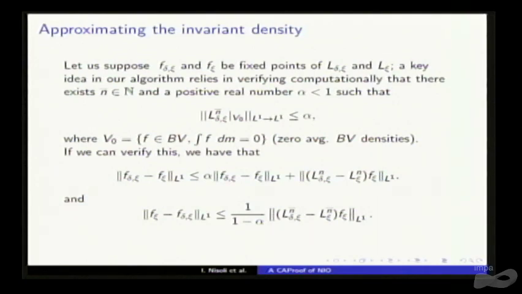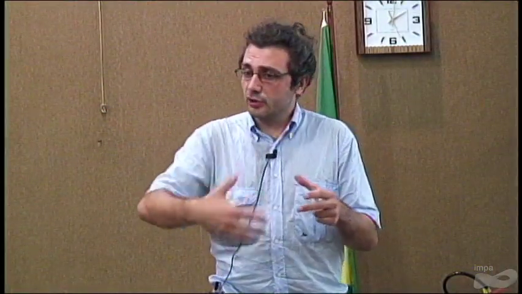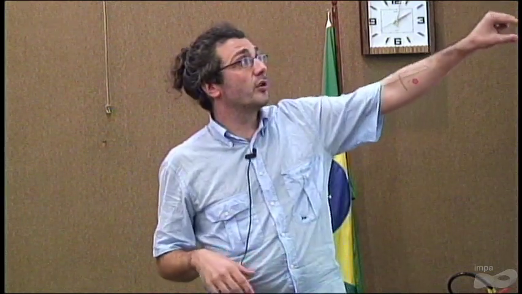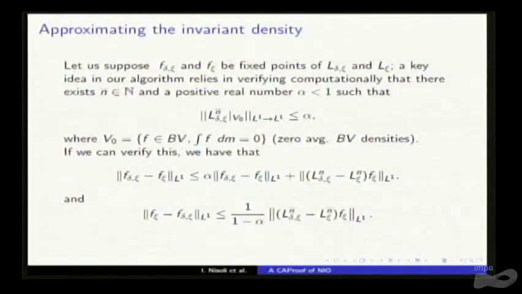We have rigorous bounds on the error of the operation of the computer. We have rigorous bounds on everything, and then at some point we see that our discretized operator, after n steps, has contracted the space of average zero BV densities up to 1/2.